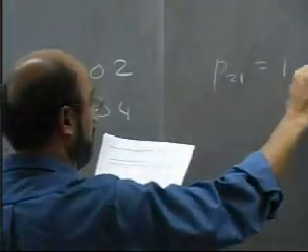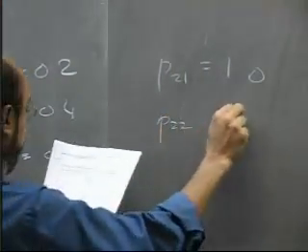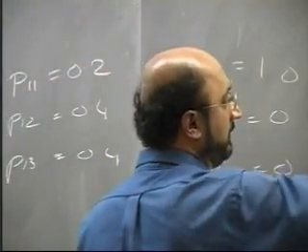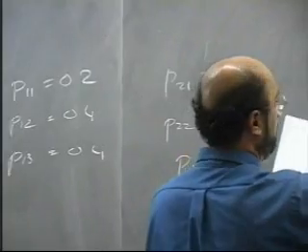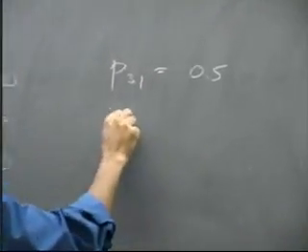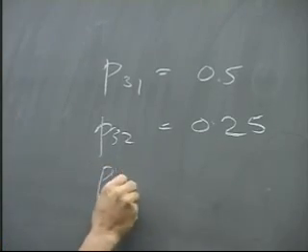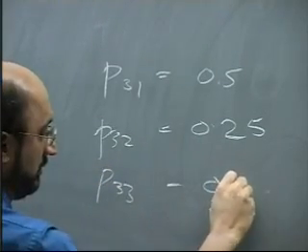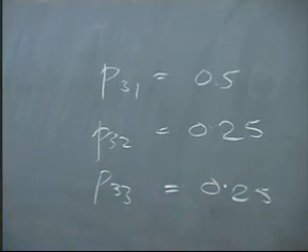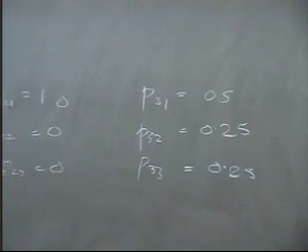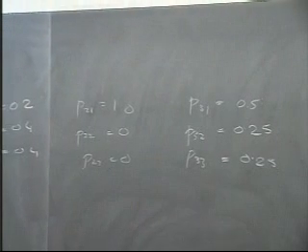P21 equals 1.0, P22 equals 0, P23 equals 0, P31 equals 0.5. Okay, so I've written down 9 transition probabilities, and these are time-independent state transition probabilities.